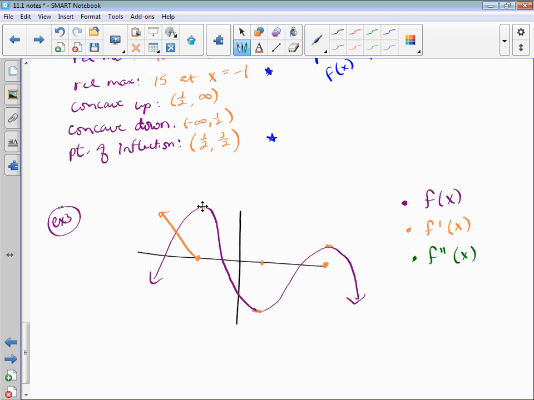Then between my max and my min, what is the graph doing, the purple graph? Decreasing that whole way, right? So where is my orange graph going to be? Below the x-axis. So it's somewhere down here. I don't care right now about where it crosses the y-axis. That's not really a concern. Wow, that's such a bad line.